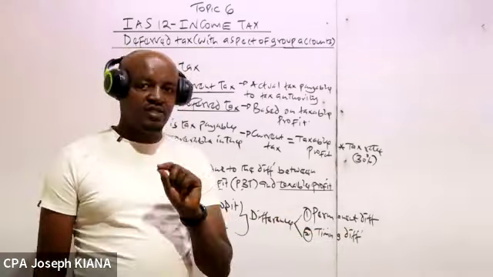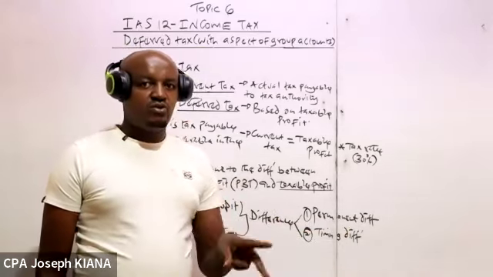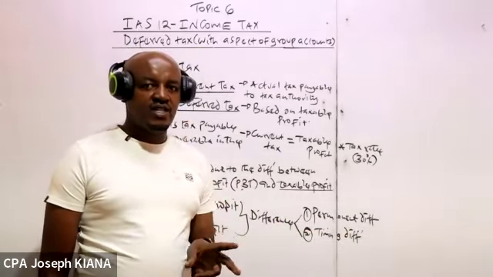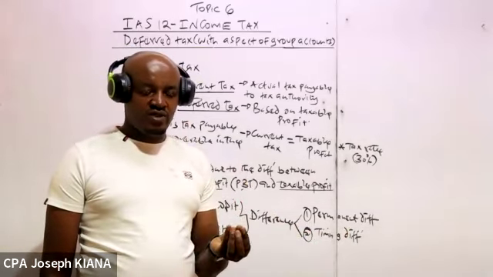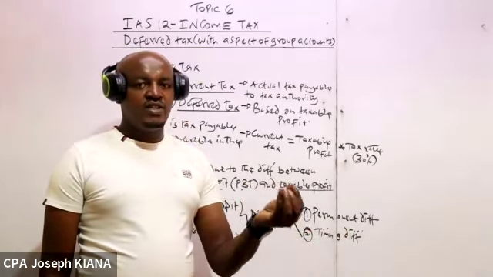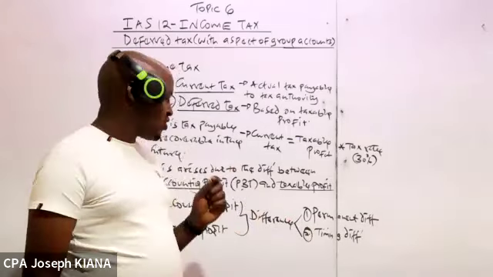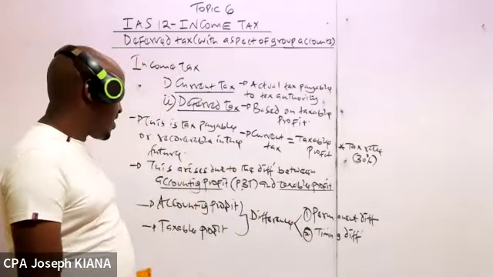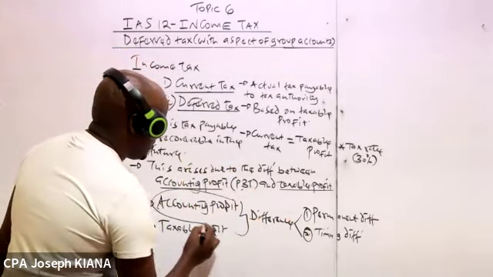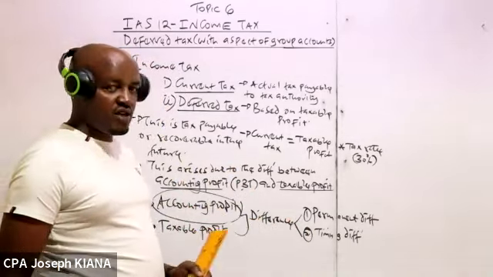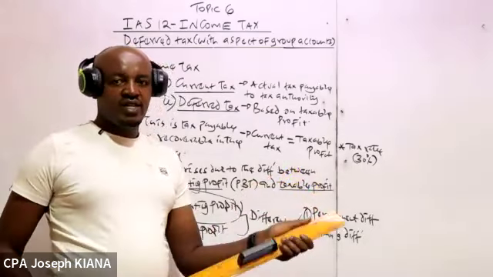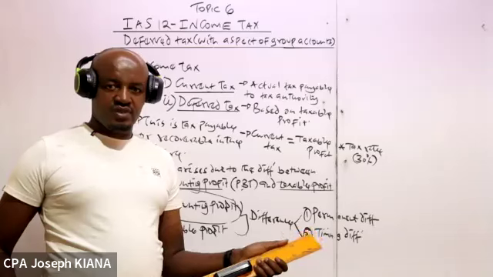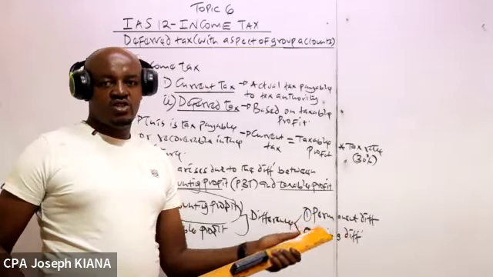Permanent difference. So this is the difference between these two profits, accounting profit and taxable profit, which arises as a result of taking into account certain items of incomes and expenses only in the computation of accounting profit. Only in the computation of accounting what? Profit. So this one arises as a result of taking into account certain items of incomes and expenses only in computation of accounting profit.